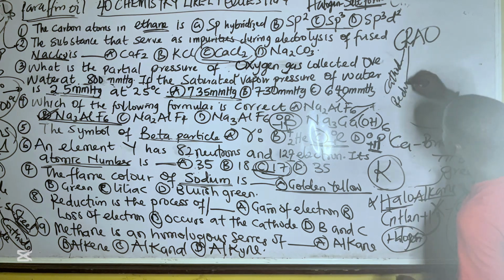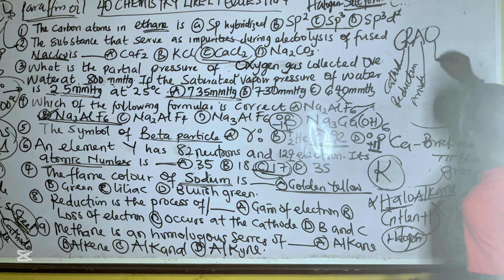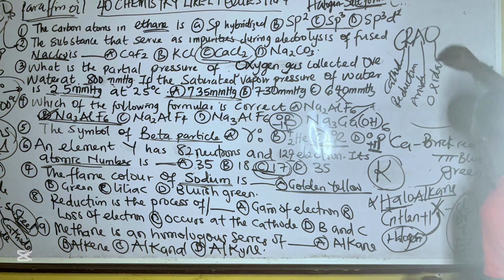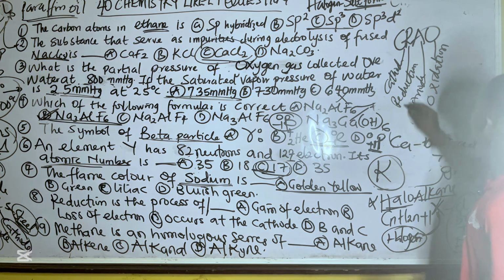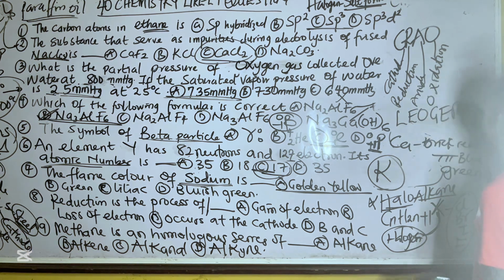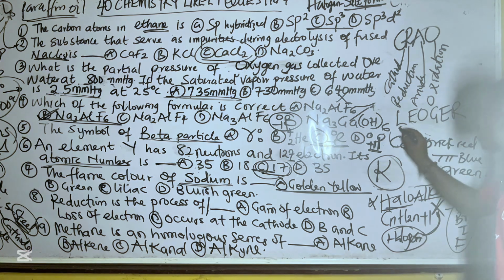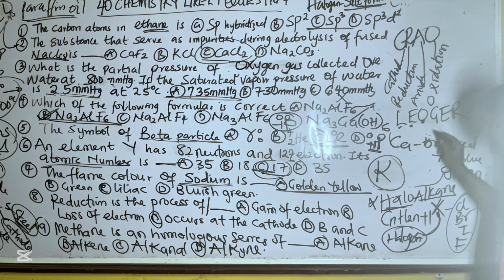Reduction. At anode, what happens? Oxidation. That is one. The next thing you must know is LIOGA. What does LIOGA mean? Loss of electron is oxidation. Gain of electron is reduction.